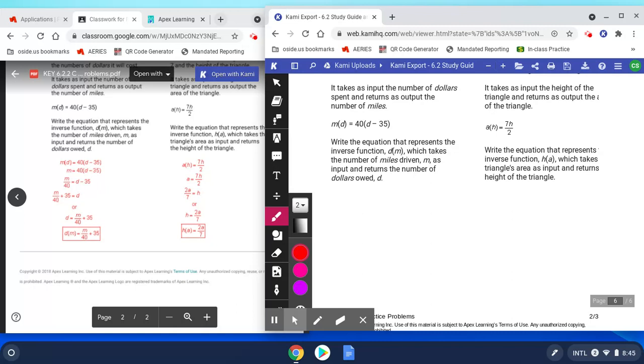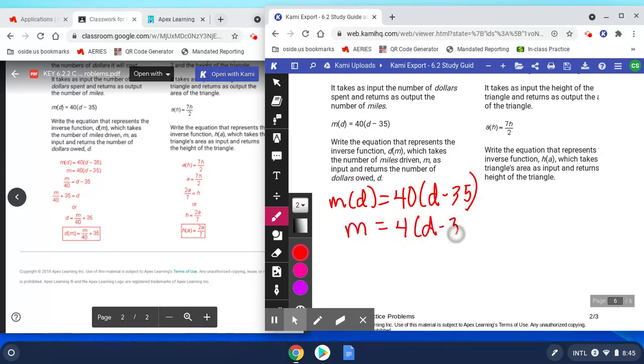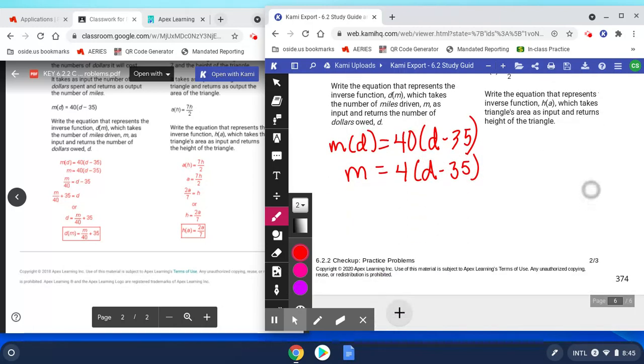So here I go, taking m of d, I'm going to switch this to just m equals, and we're going to solve for d. Step 1, to get rid of this 4, is to divide both sides by 4 so that those cross out. And step 2 is just to add 35.